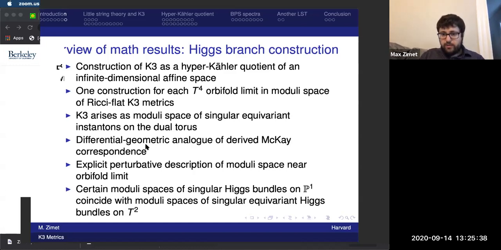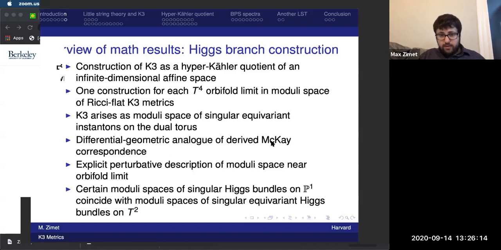So by putting those two things together, one learns that K3 ought to arise as a moduli space of certain equivariant sheaves on a torus. And then it's not too surprising that one can obtain this moduli space of sheaves as certain singular solutions of the anti-self-duality equations. I'll make that more explicit later.